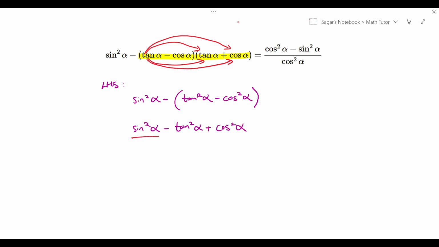Remember that sine squared alpha plus cos squared alpha is equal to 1 because that's our Pythagorean trigonometric identity. Right? And so we got 1 minus tan squared alpha.